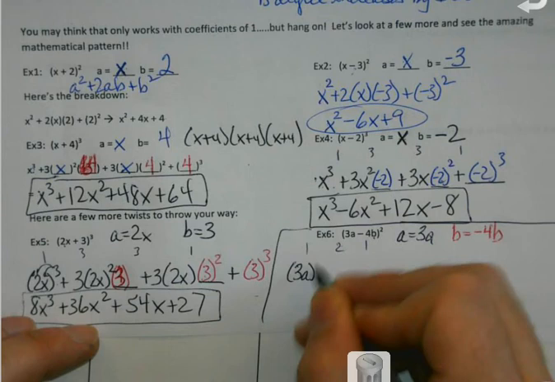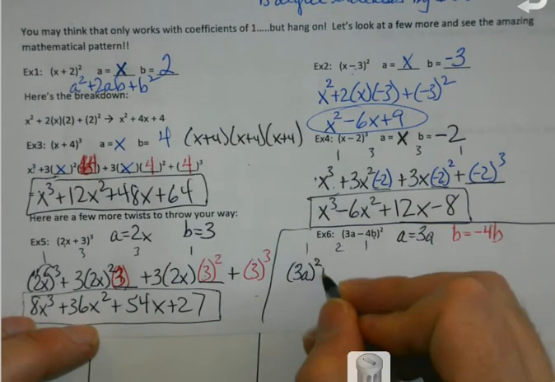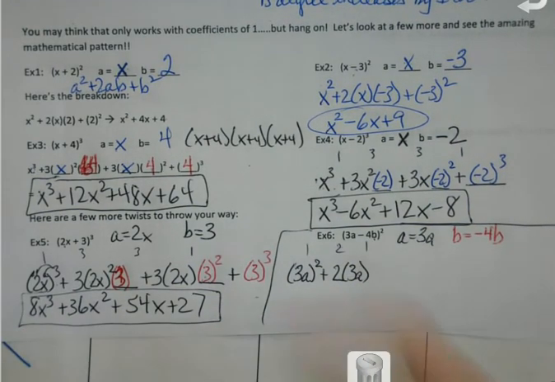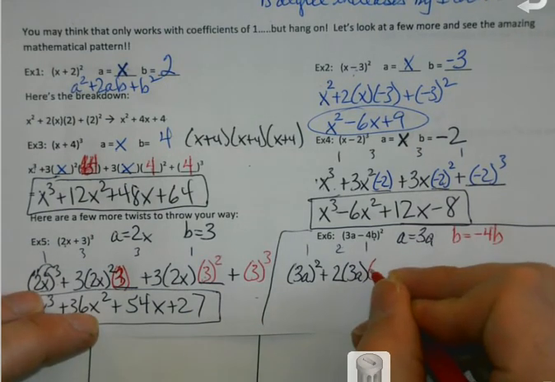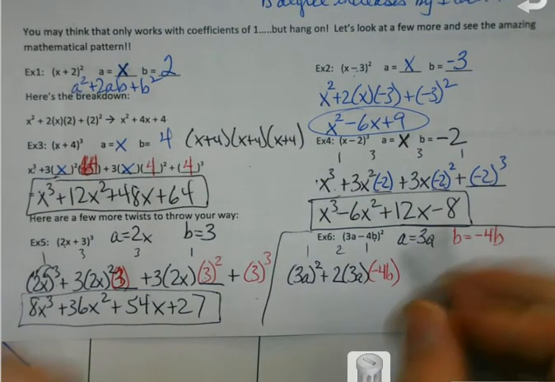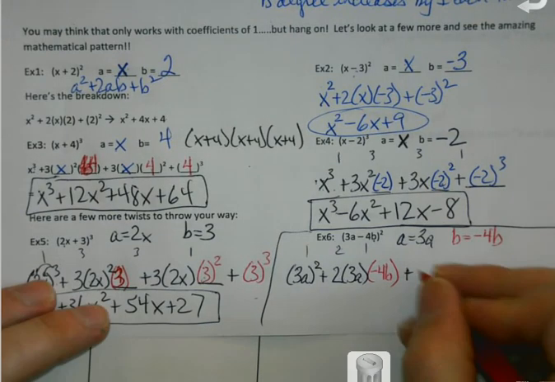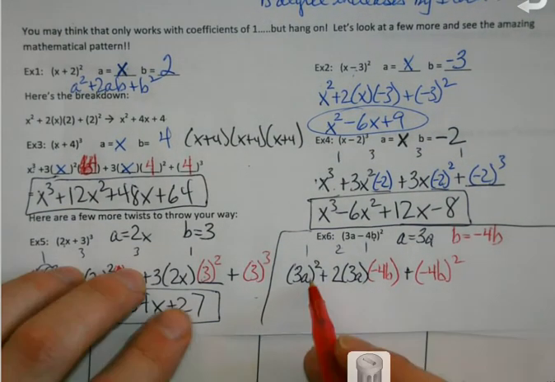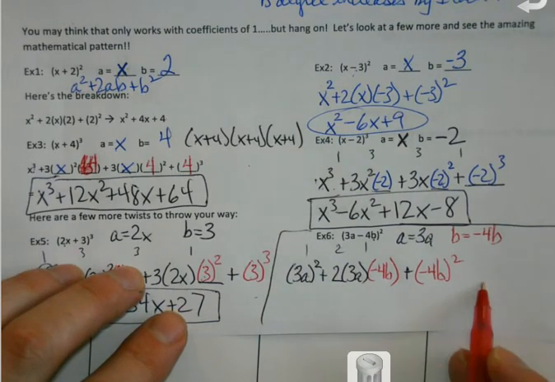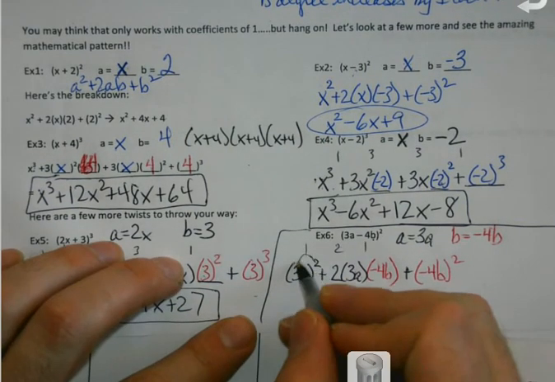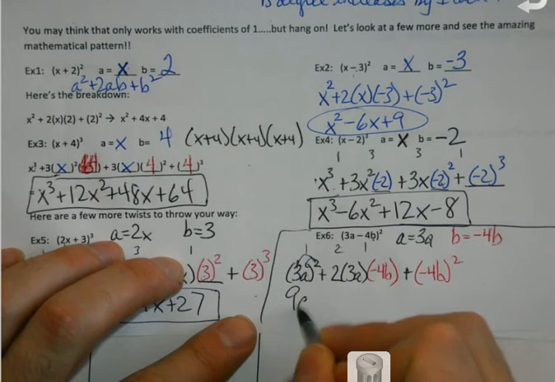So square my first term plus 2 times my first term, because it's going down 1 in degree, times my second term, which has gone up 1, plus my second term squared. A is going down, b is going up. And then again, be careful and make sure you distribute that exponent through.